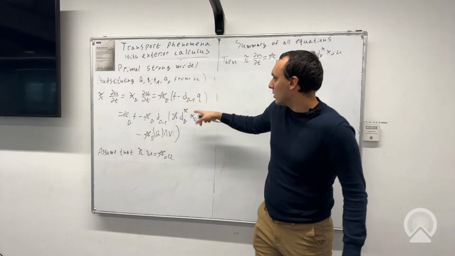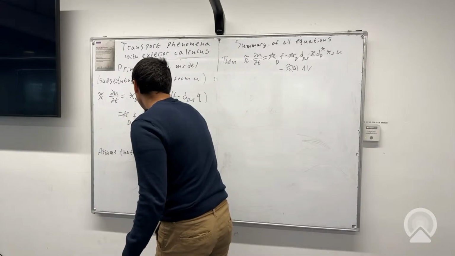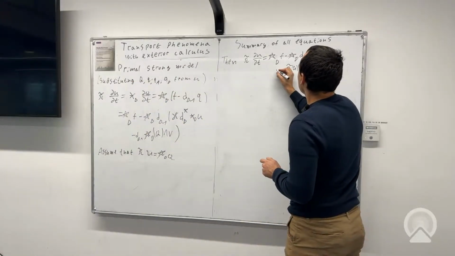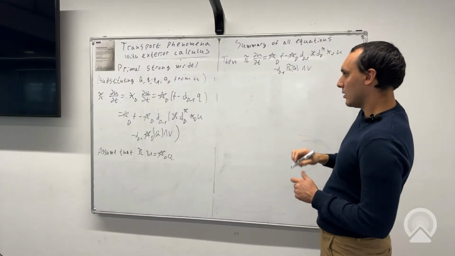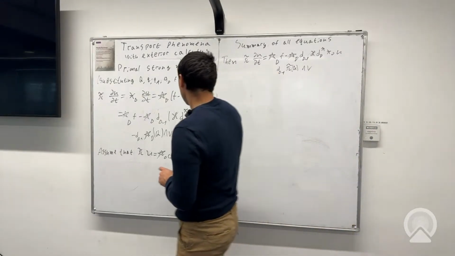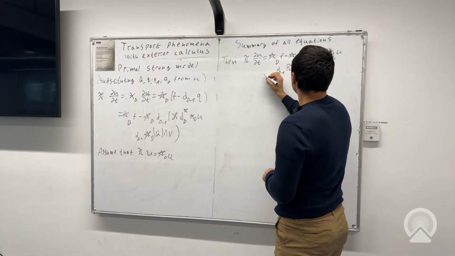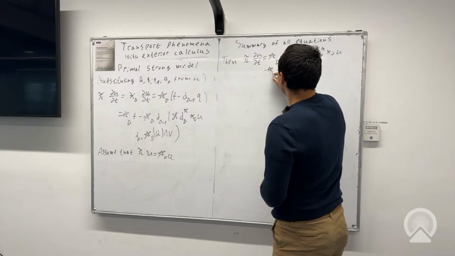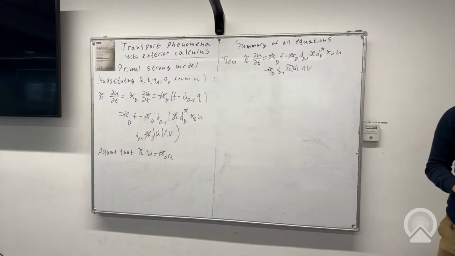Sorry, I have d minus 1 as well, and star as well. Oh no, sorry. This is in the brackets, and when I expand, I will get minus star d of this here. So I have this one.